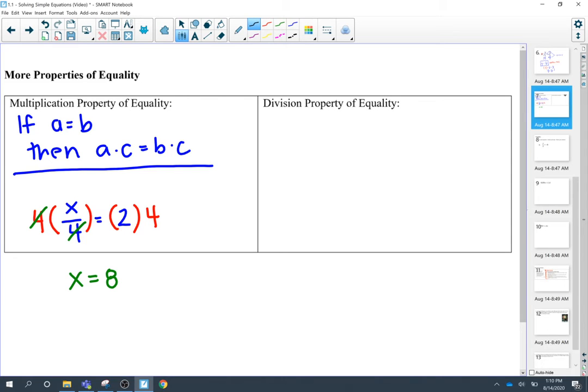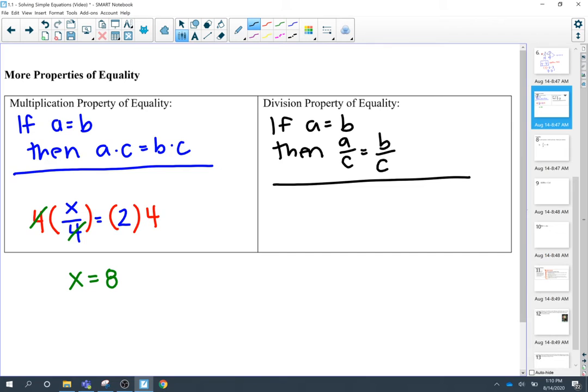Division property of equality. If A equals B, then A divided by C equals B divided by C. So an example here of what that actually looks like would be like 2x equals 10. So again, remember, if you have a number right next to a variable, this means multiply.